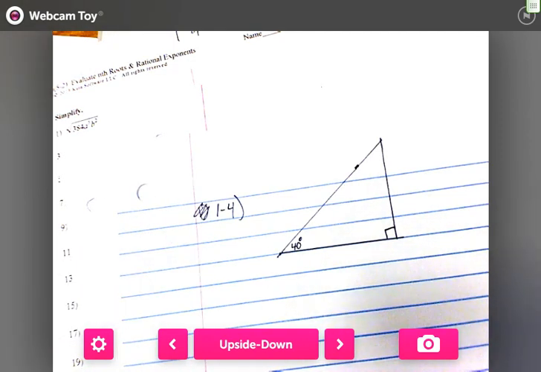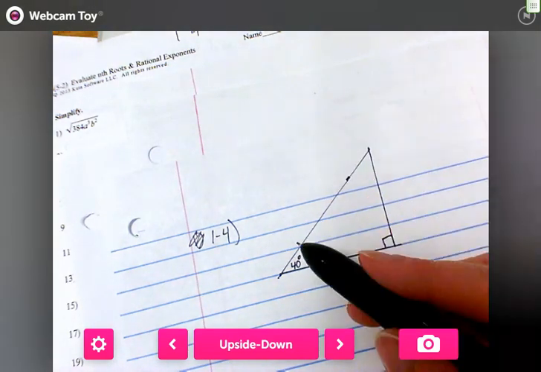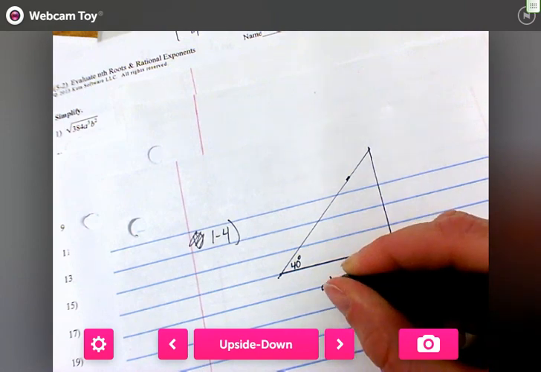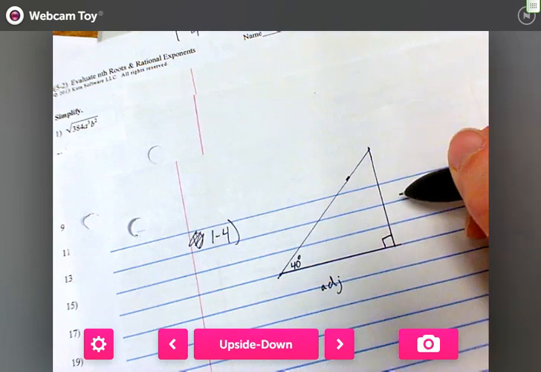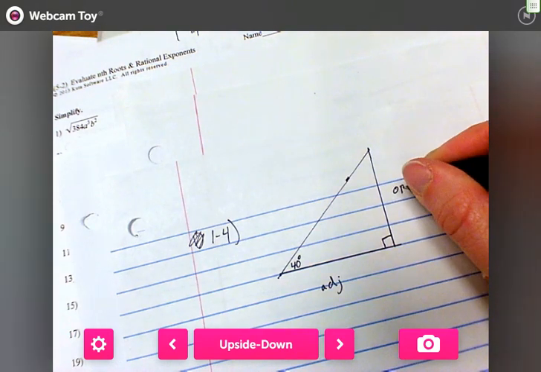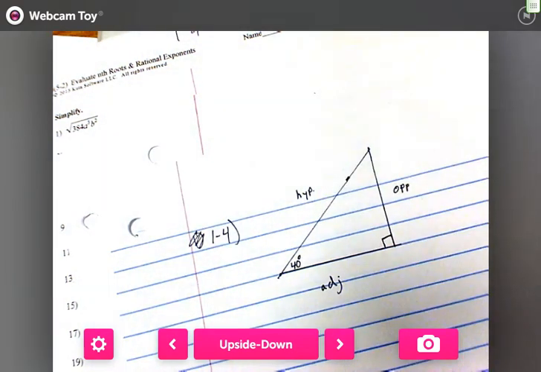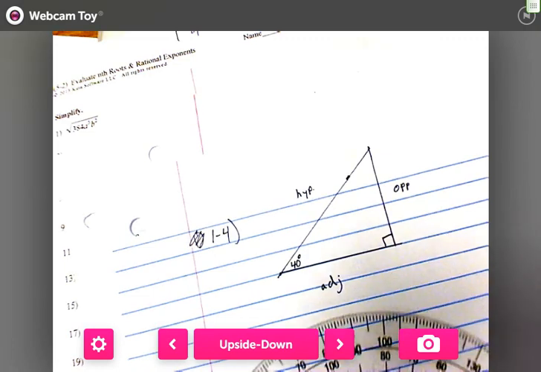And now I'm going to label this. This leg next to 40 degrees, that's my adjacent. This one over here, this is opposite, and this is hypotenuse. Now that I've done that, I've done all of number 1. Now I'm going to measure the sides.